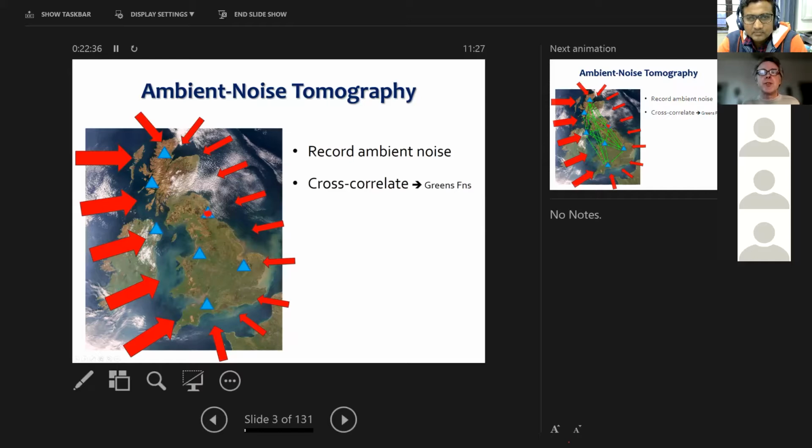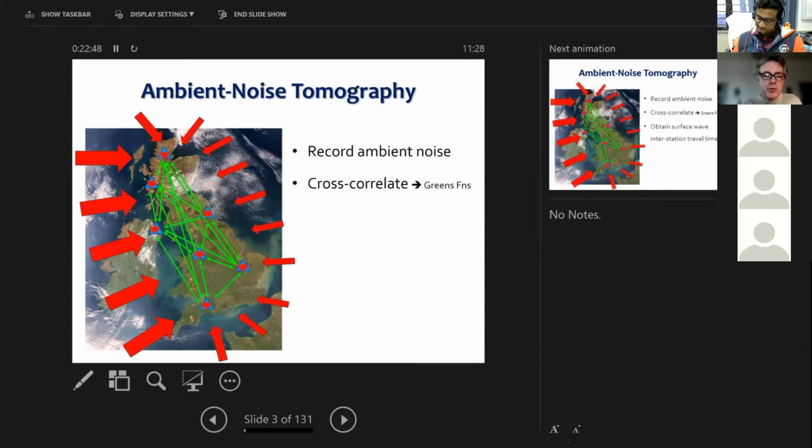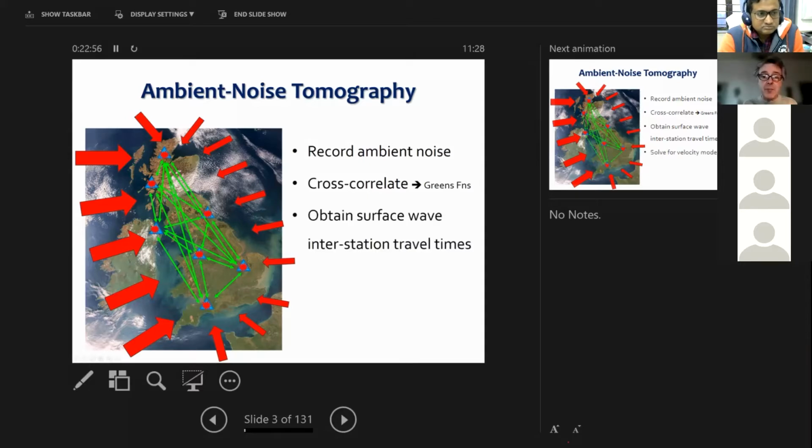And we can do this between all pairs of stations, and so essentially we in turn convert each seismic station into a virtual or imagined source of energy, which was recorded at all the others, and we obtain the seismograms.